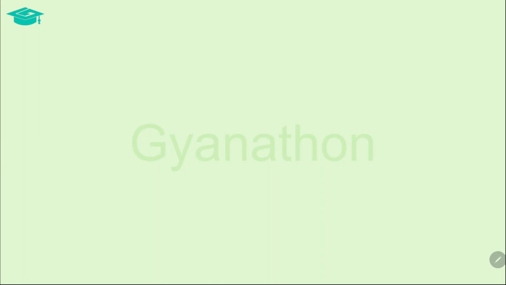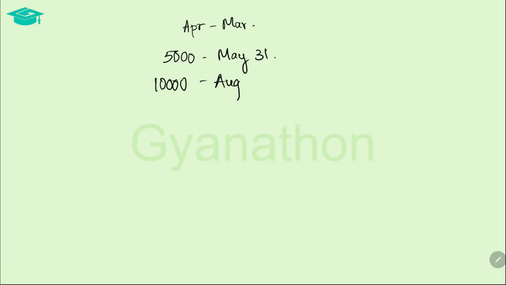So let us take a little example over here. Assuming that the accounting period begins with April and ends at March. And let us say the withdrawals have happened as follows: 5,000 on May 31st, 10,000 on August 1st, and 15,000 on January 31st.